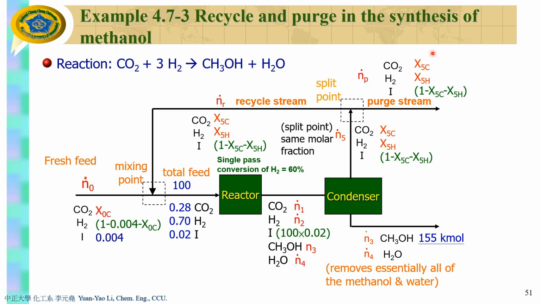So there are two keys in this question. The first one is forget about 155 first. Put 100 in this case. Key 2 is using the same amount or more for methanol, hydrogen, and water. And again, the key is using the fraction for the purge stream and the recycle stream.